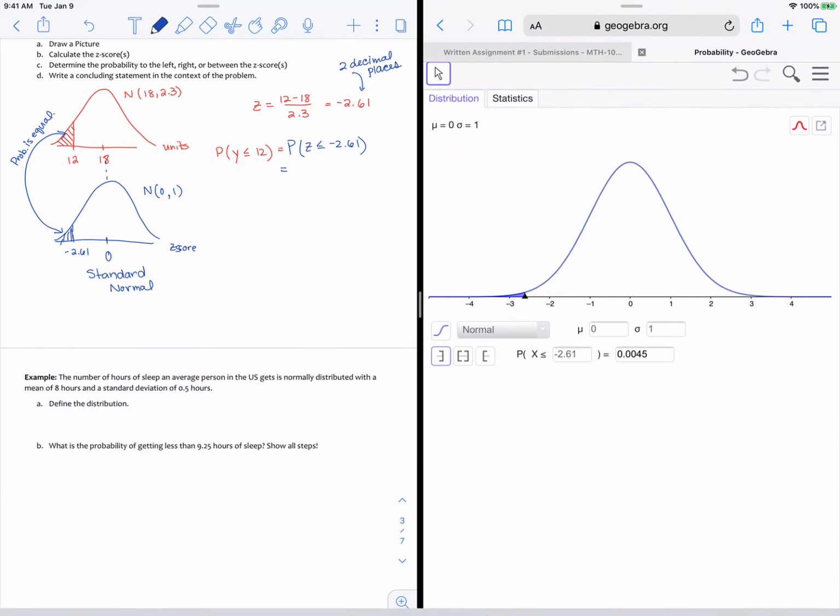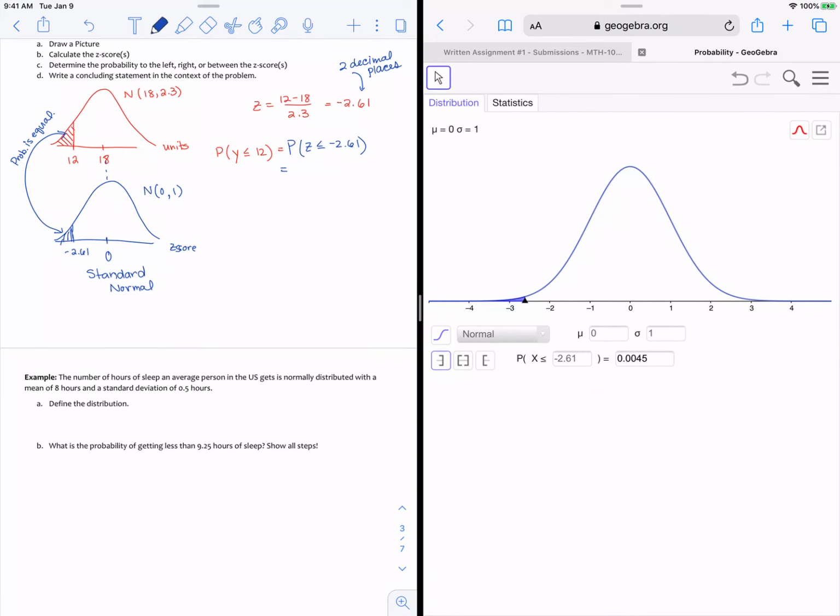But what you should see is a picture now that matches fairly closely to what you had in your picture as well. So we have shading to the left. It's at 2.61 for that triangle, illustrating that position of the bound. And then the output after the equals is 0.0045. So I was off. It was even way smaller than 1%.